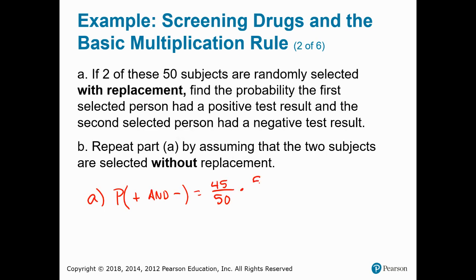And we multiply those two together, and that gives us our probability. So that is 45 times 5 divided by 50 squared, which is 0.09. Either 9 out of 100 or 0.09. Either of those would be sufficient.